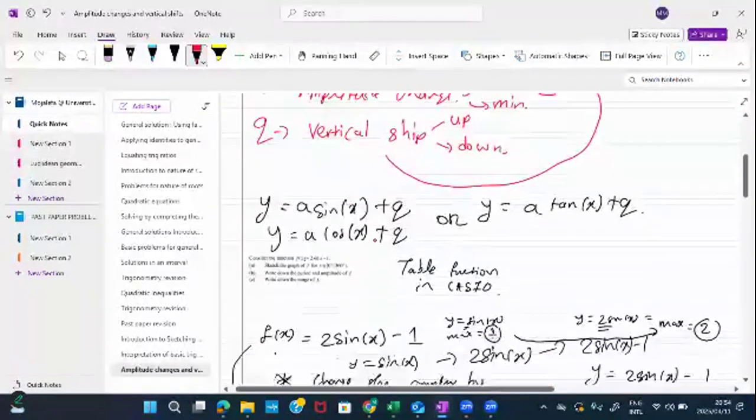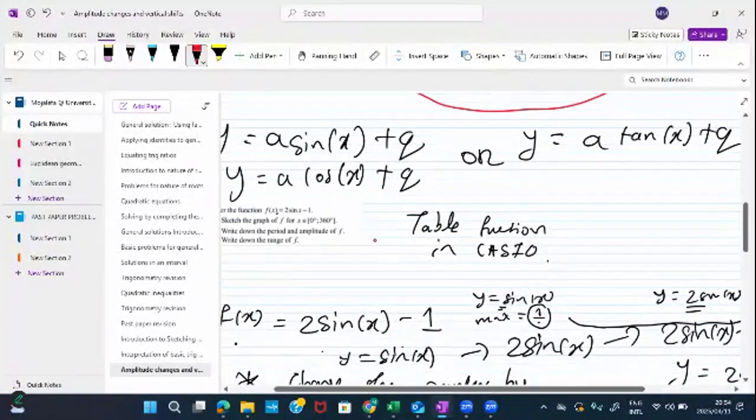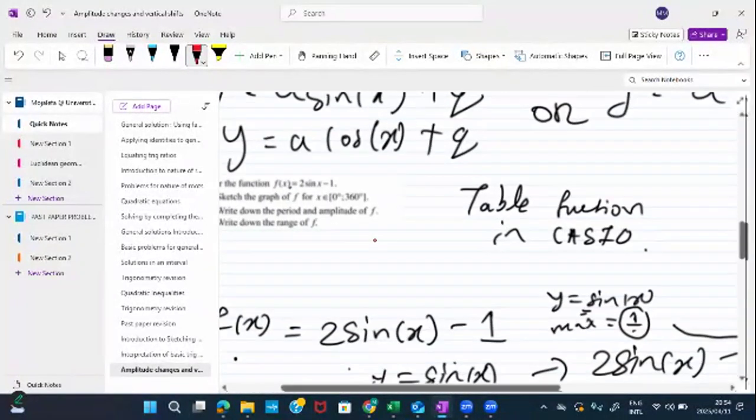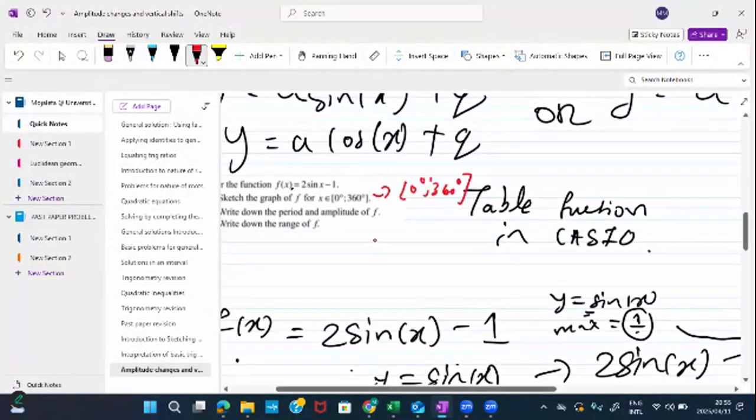So fine, once we figure those things out, then it's much easier to sketch the graph. And remember, we want to sketch this graph in this domain, 0 degrees to 360.